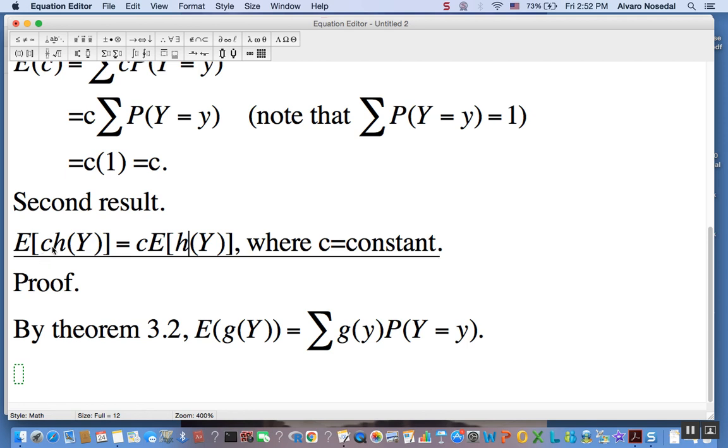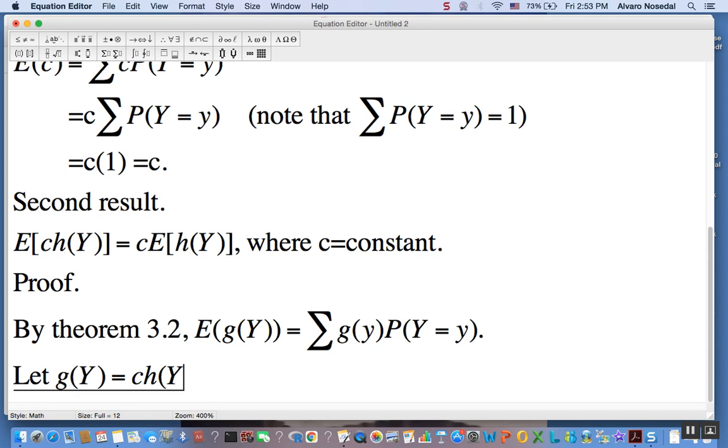The expected value of c times h of y is going to be c times expected value of that function h of y. Okay, so if we use that theorem, let your g of y, your transformation, be a constant times that function h of y.